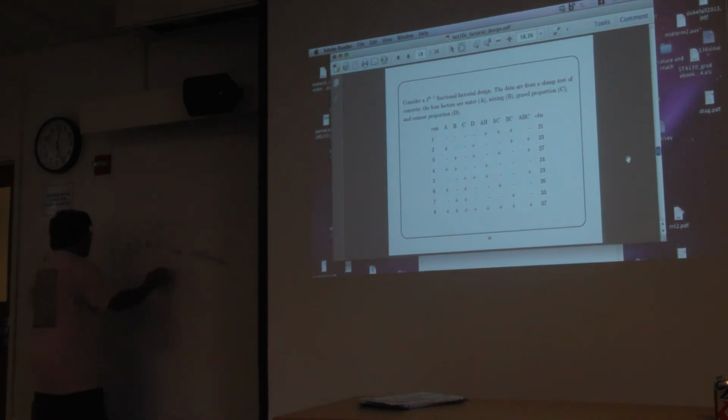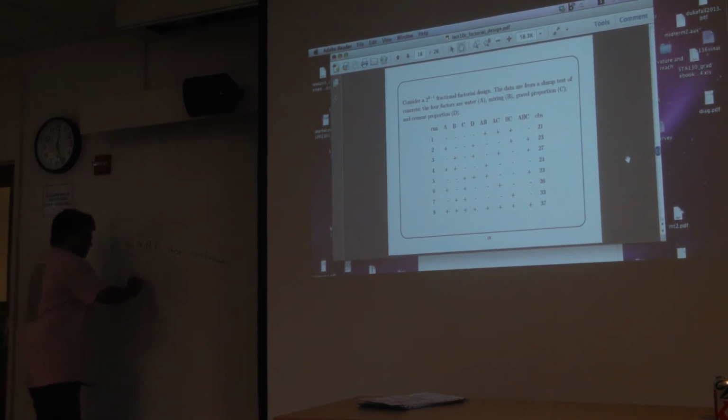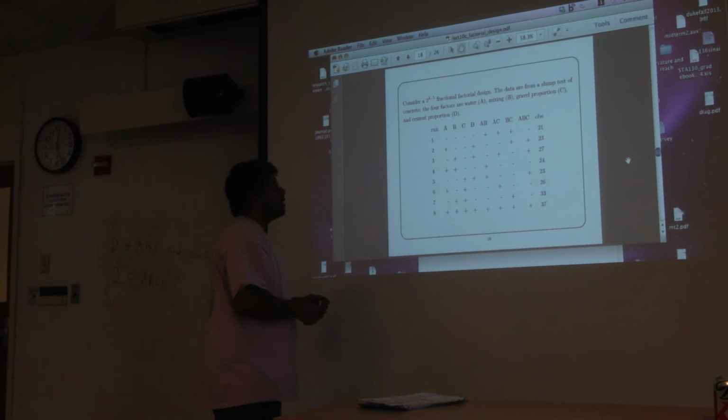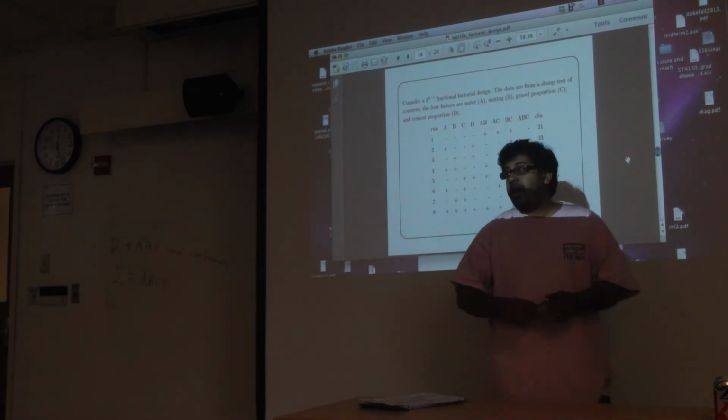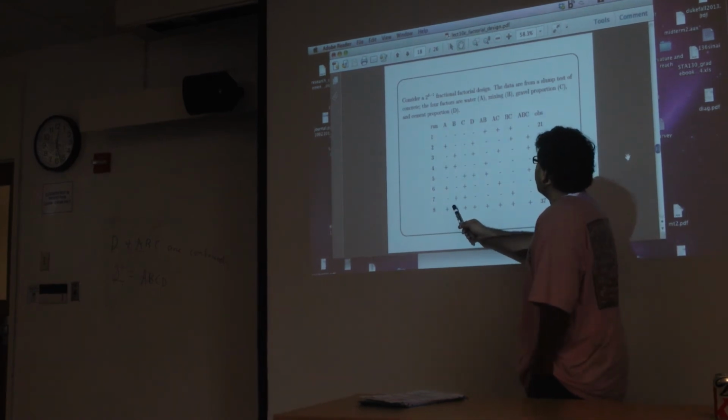Okay, so what's my generator? I is equal to ABCD. Okay, so now do we have an idea of what our confounds are? A should be confounded with what? BCD, right? And I think that should be true.